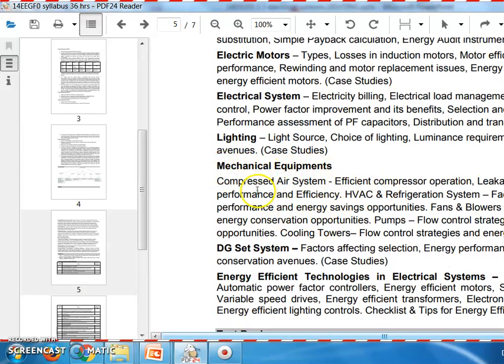In the mechanical equipments, we need to discuss the compressed air system as one appliance. Another is HVAC and refrigeration system, second, fans and blowers third, fourth is pumps, and fifth is cooling towers. Now we will start with the compressed air system. While completing all these five mechanical equipments, we will be able to complete course objective 4, right?